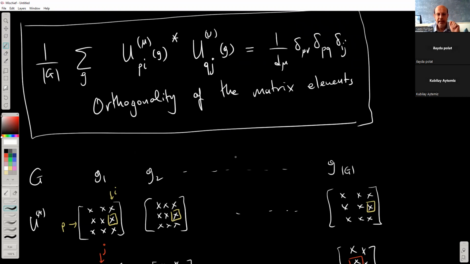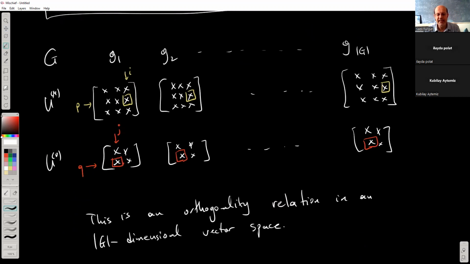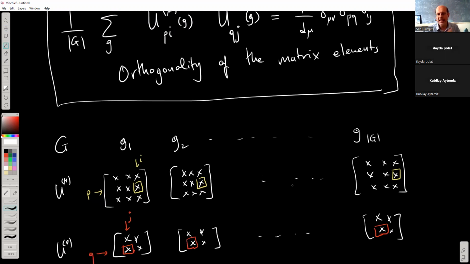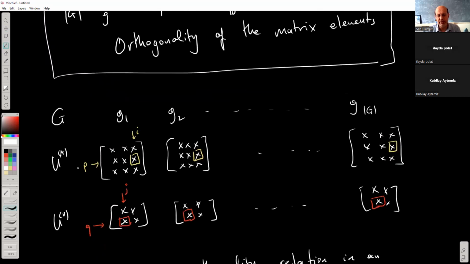In any case, in this G-dimensional space, there are that many possible vectors. For example, for that representation, I can find 9 vectors because we have 9 matrix elements in here. For that representation, I can find 4 vectors.